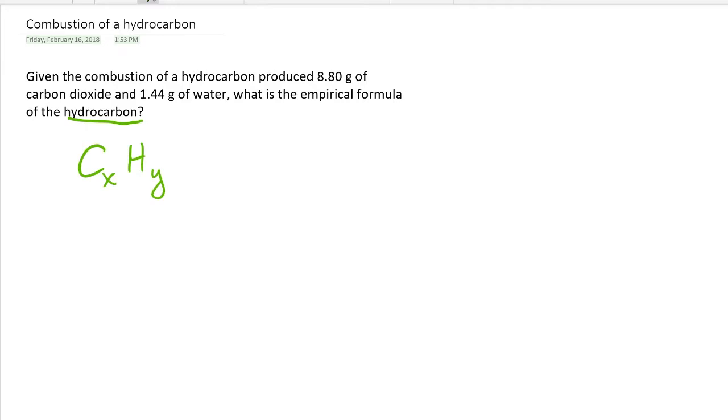We do know that for the combustion of a hydrocarbon, we are only producing two products: carbon dioxide and water. So we could say we are producing some amount of carbon dioxide and some amount of water.